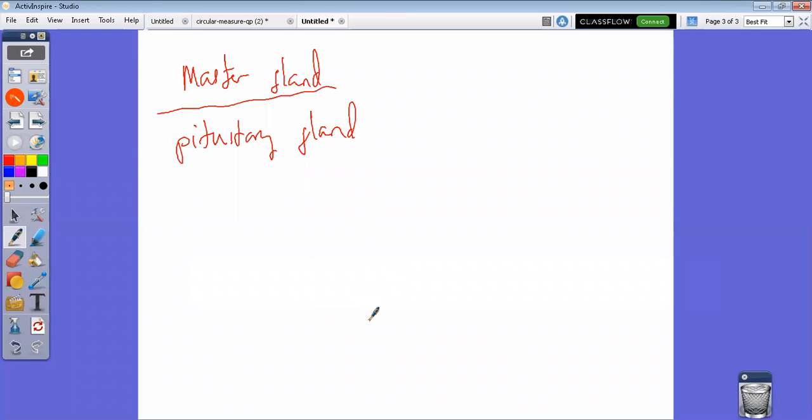Clear? Where is it located? Is it located in your head, liver, heart, whatever? It's located in the brain.